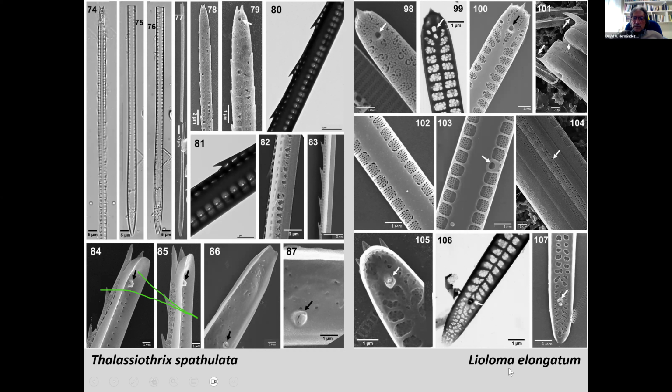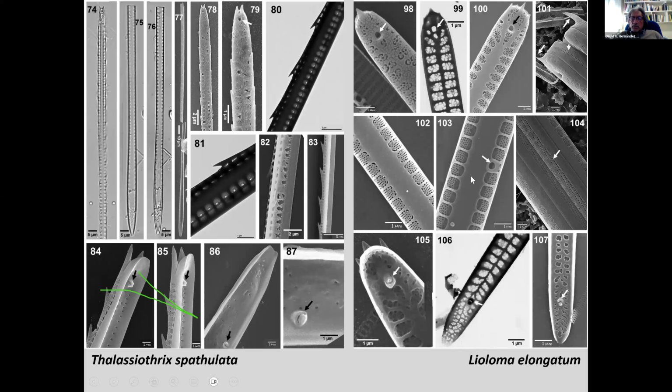Another genus is Lioloma, and the name designates some species with no spines like Thalassiothrix. So it has no spines, but it has two different poles as well. And also we can find these bubble-like structures in figure 103 with the arrow.